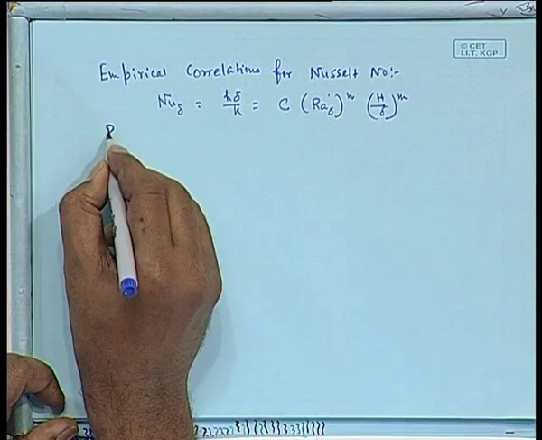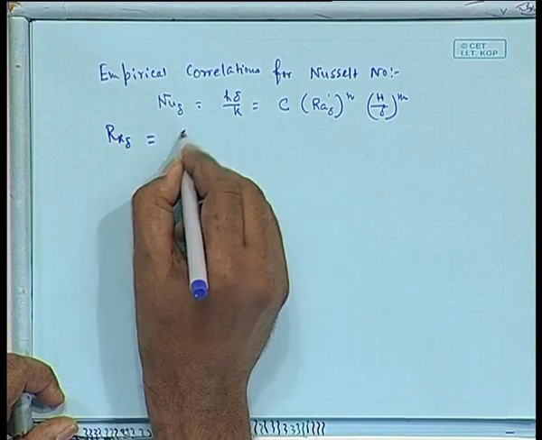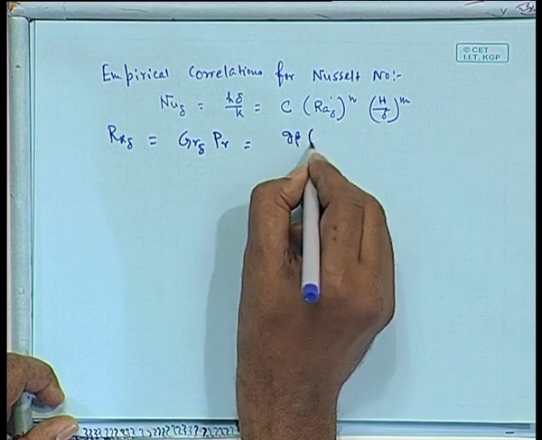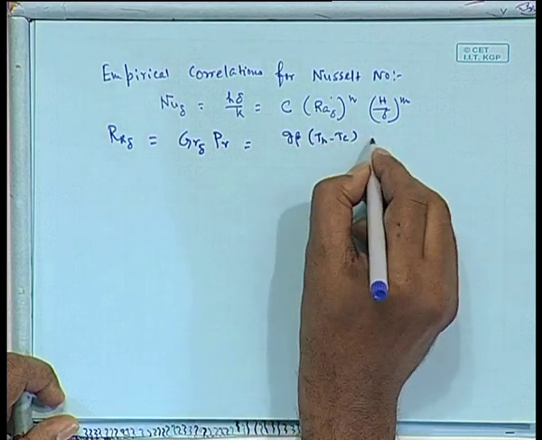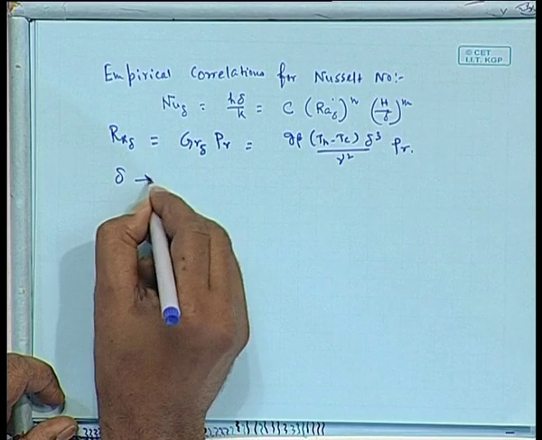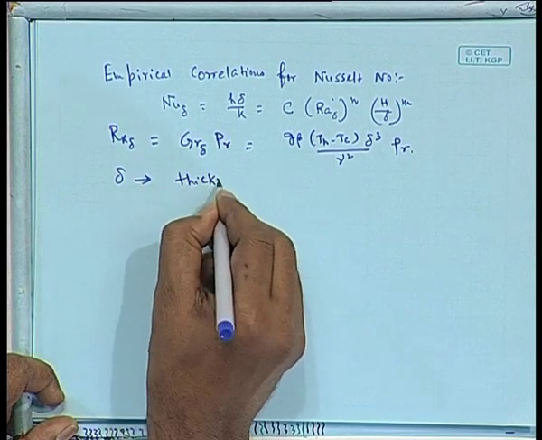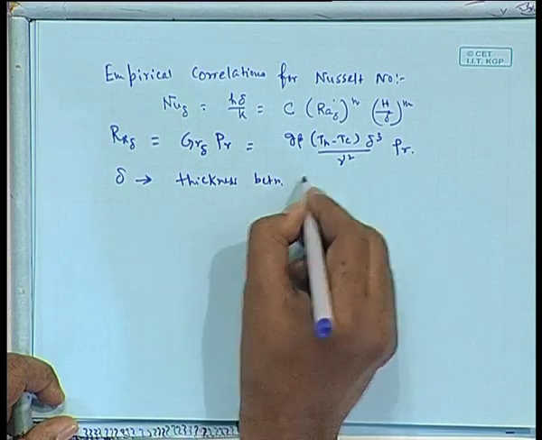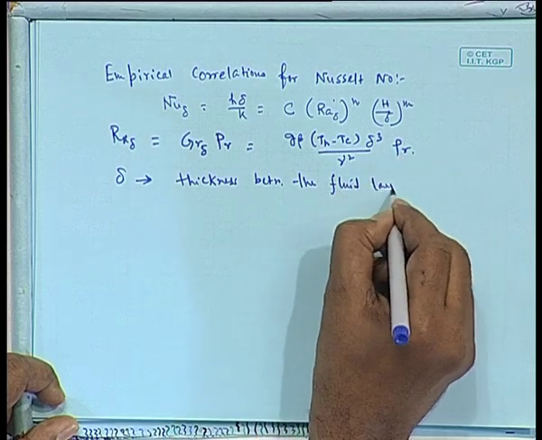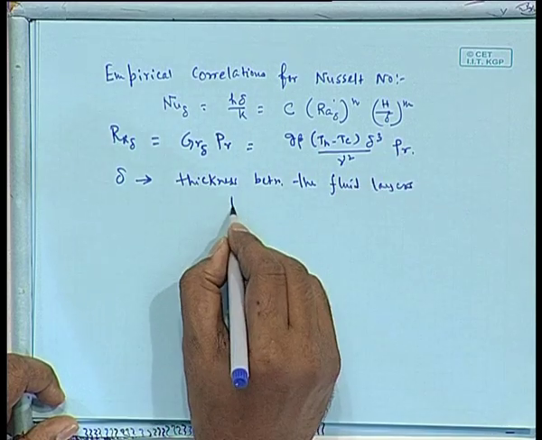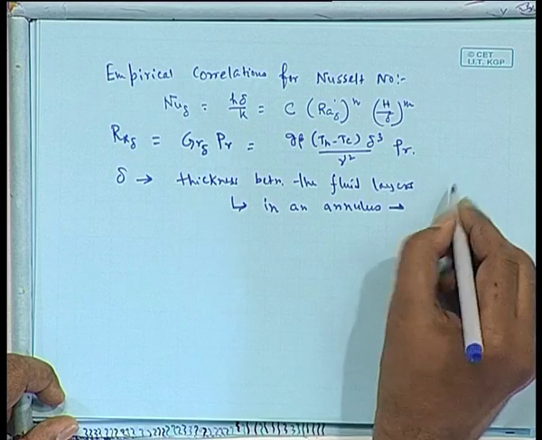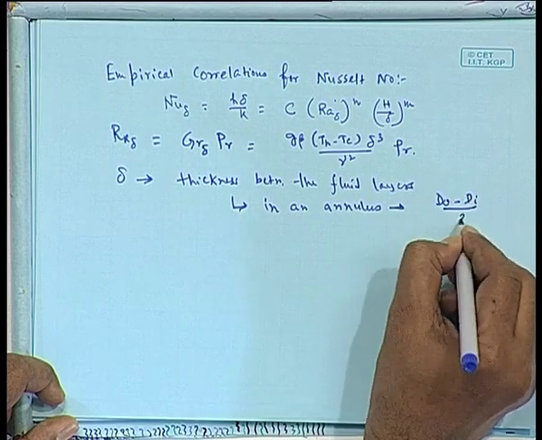The number Ra delta is defined as Grashof times Prandtl, and it is g beta (T hot minus T cold) delta cube by nu square, times Prandtl. Delta is the thickness of the fluid layer between the two surfaces basically. In an annulus, it is outer diameter minus inner diameter divided by 2.